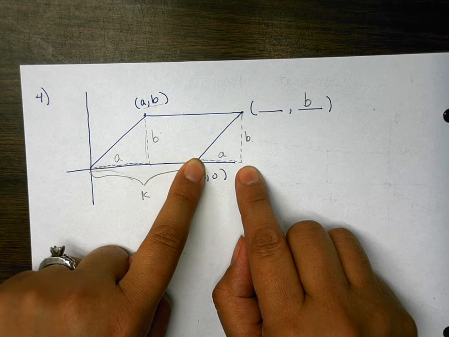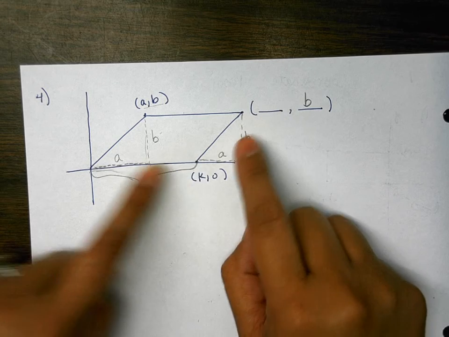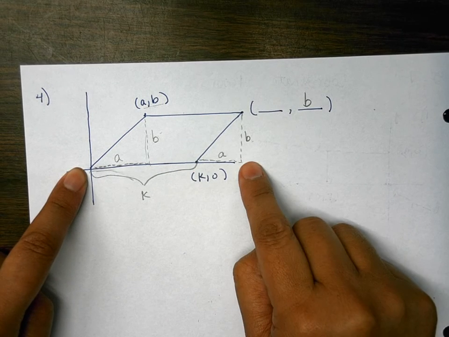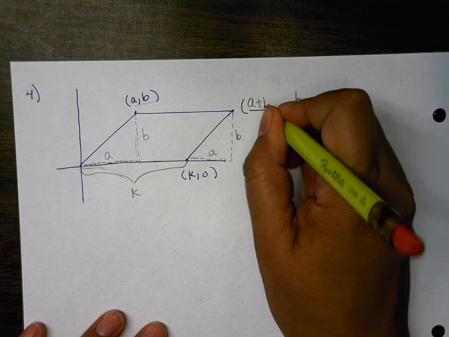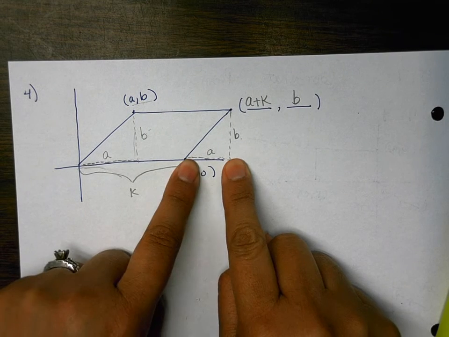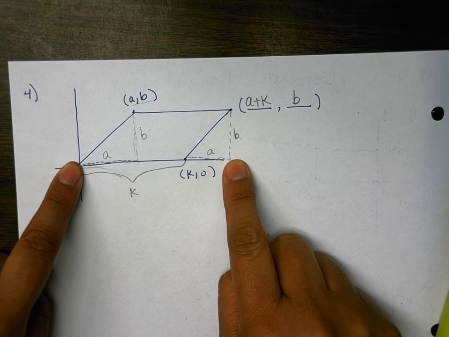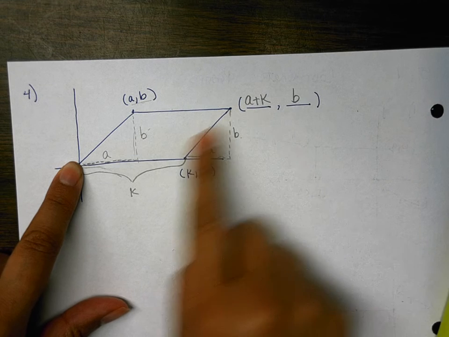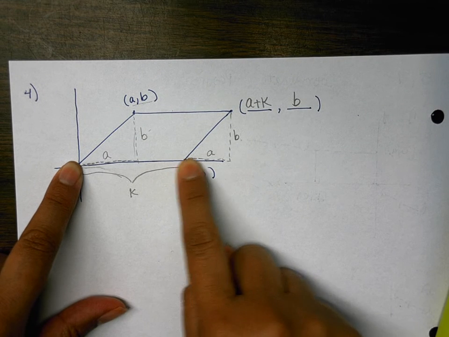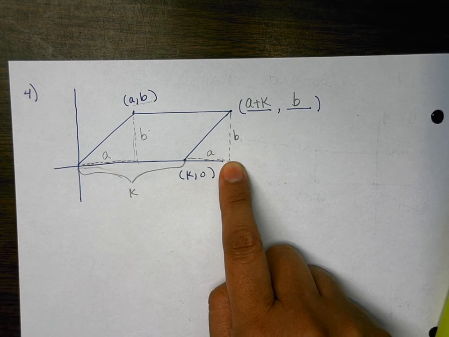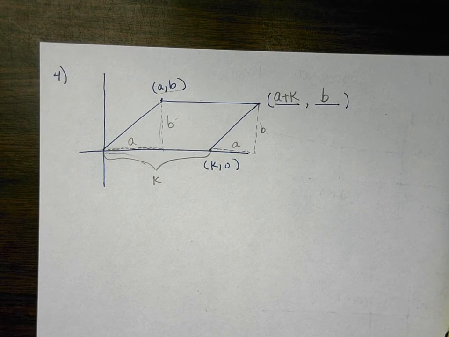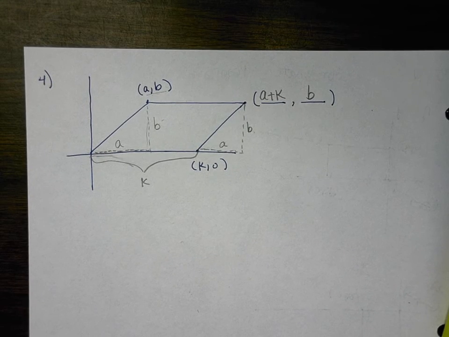If this is K and this is A, what is this ordered pair here? K plus A. Or A plus K, however you want to write it. For that ordered pair there, I went over the K units and then A more because we know that length here is the same. A plus K. I know it's a little tricky.